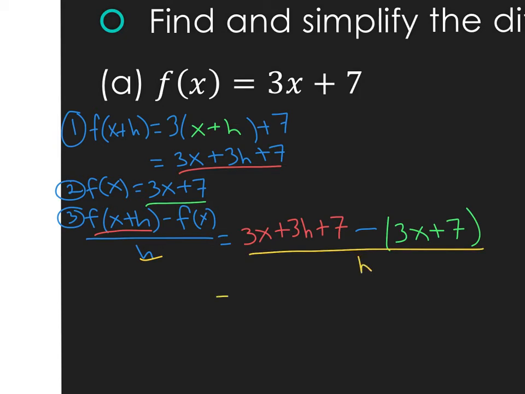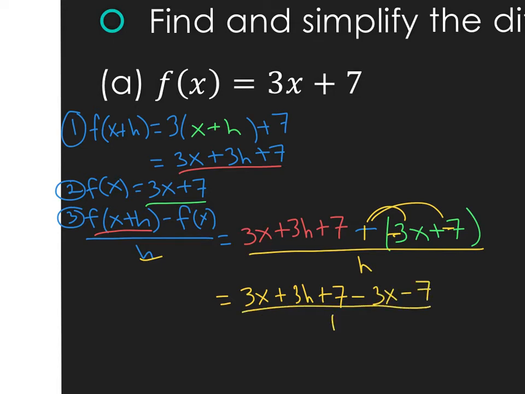Okay, so when we simplify, we know we'll have 3x plus 3h plus 7. Now, if you aren't going to remember to do this process, what you can also do is change the subtraction sign to a plus, and then change the sign of the 3x to negative and the 7 to a negative. So we'll have minus 3x minus 7 all over h.